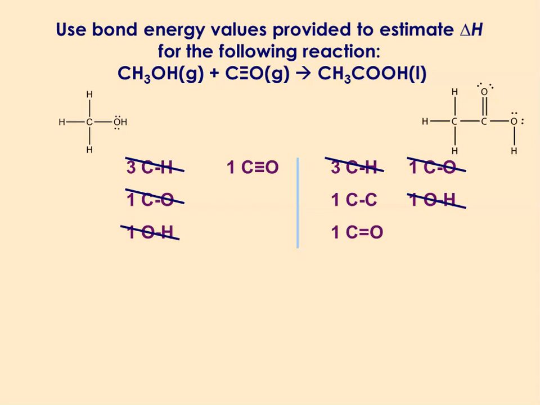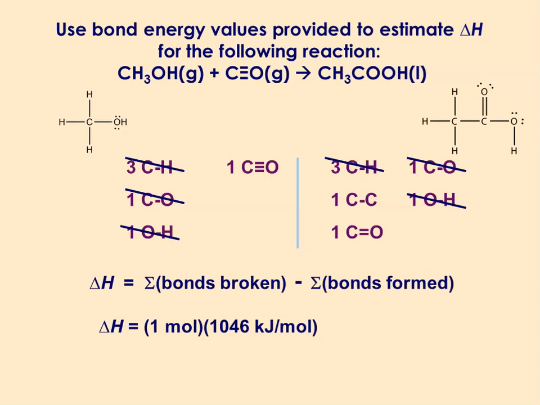So we're going to need to determine how much energy would be required to break that triple bond and how much energy would be released to form the C double bonded O and the C single bonded C. So we would use our chart to find those values. The C triple bonded O would require 1,046 kilojoules per mole of energy to break that bond, and it's 1 mole because you have a coefficient of 1 in that reaction.